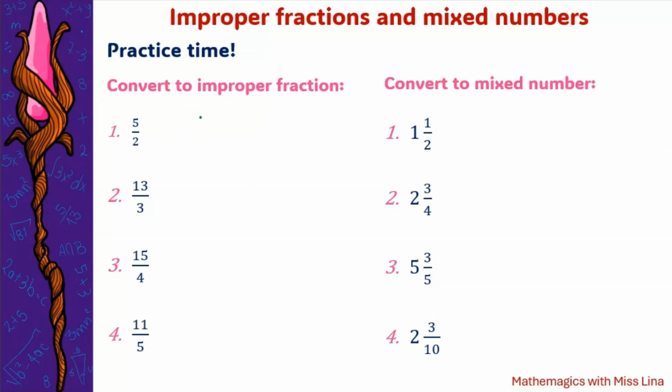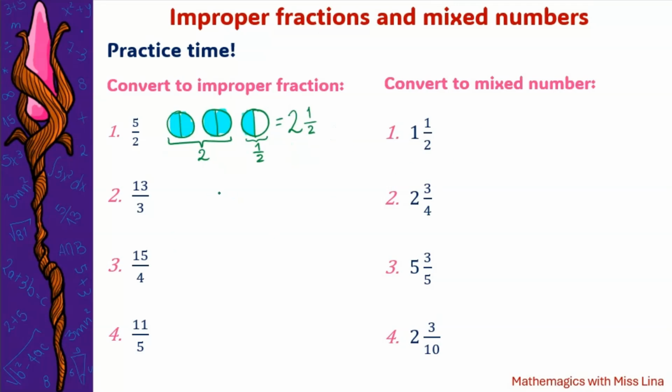Okay, let's check. I'm going to do the representation for this first one. 1, 2, 3, 4, and 5 halves. Then I have 2 whole ones and 1/2 of the next one. So this is 2 wholes and 1/2.